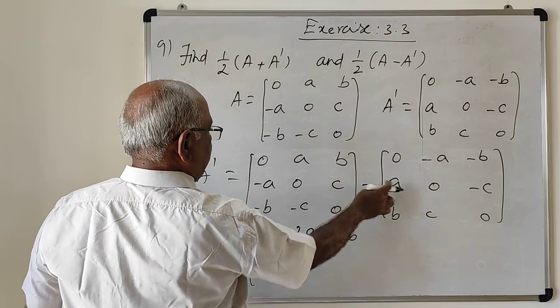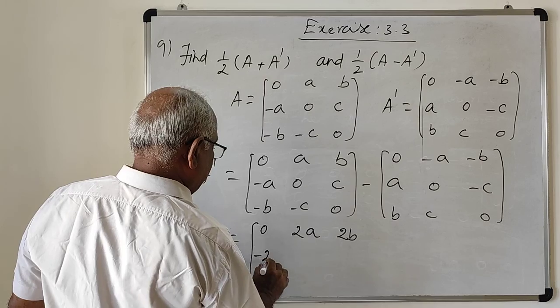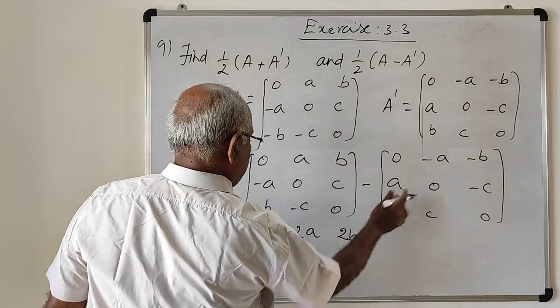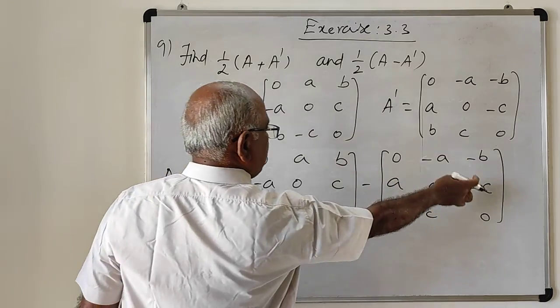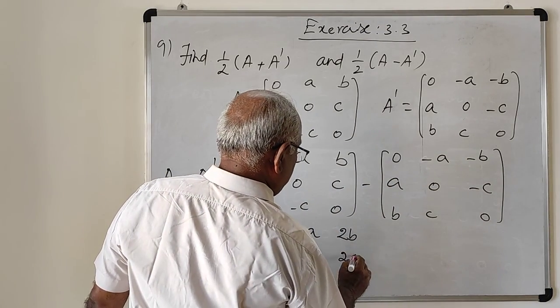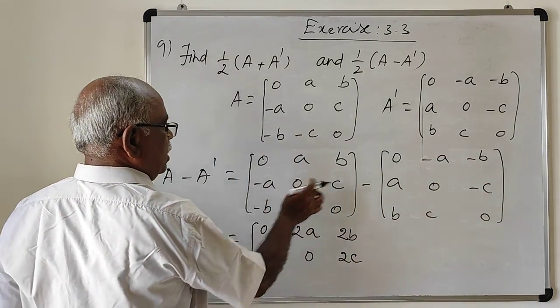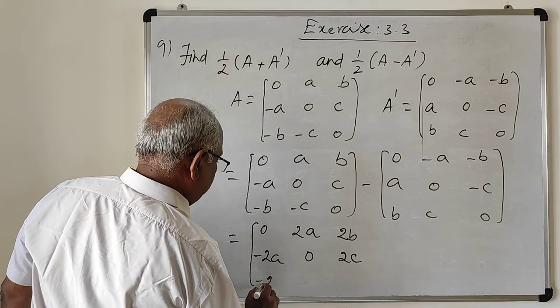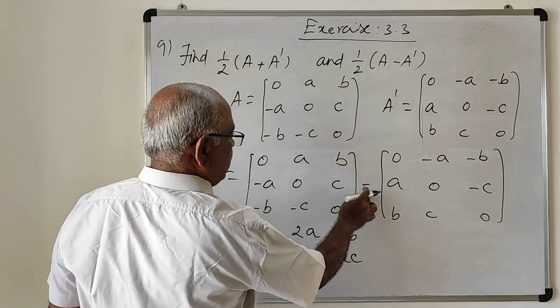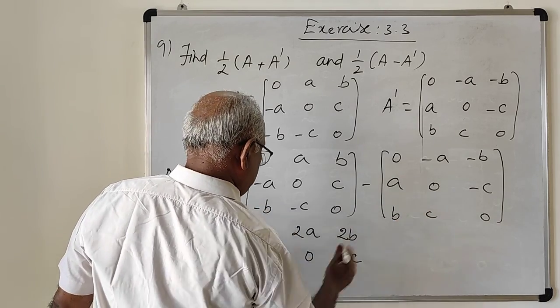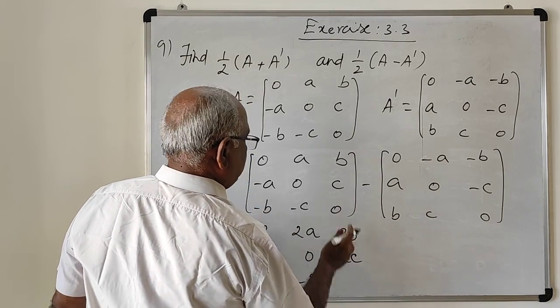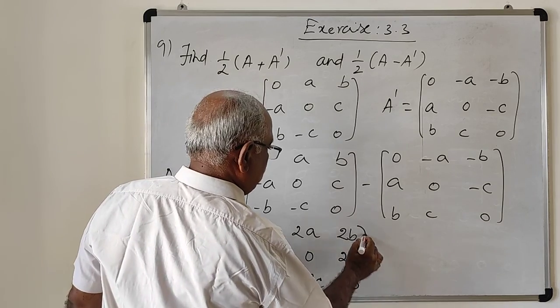Minus a minus a is minus 2a. 0 minus 0 is 0. c minus of minus c is 2c. Minus b minus b is minus 2b. Minus c minus of minus c is minus 2c. And 0 minus 0 is 0.